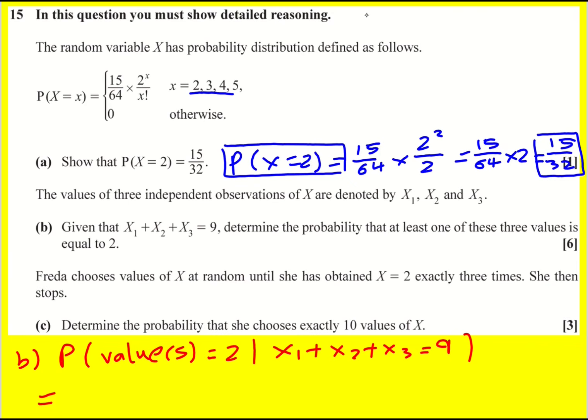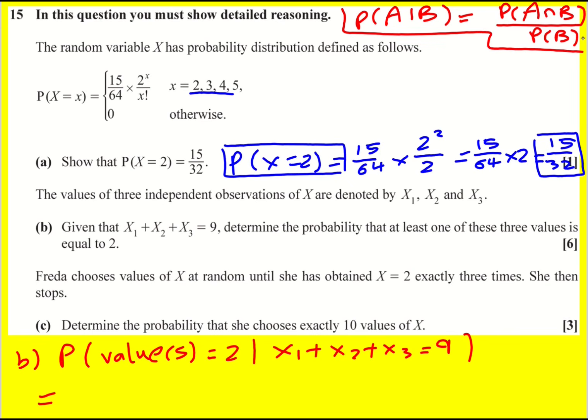So we can now use the fact that the probability of A given B is equal to the probability of A and B over the probability of B, because we're basically using a reduced sample space. I'm not going to go into any more detail on this formula. It is given in the formula book, but basically we're not dividing by the whole 1 anymore, because we're only allowed to have B occurring.